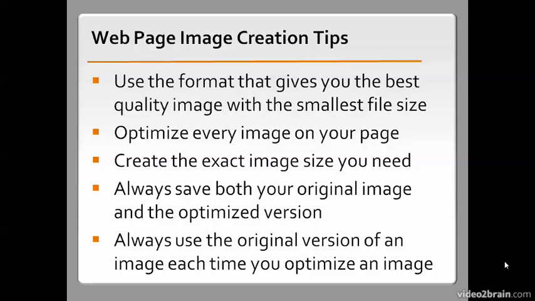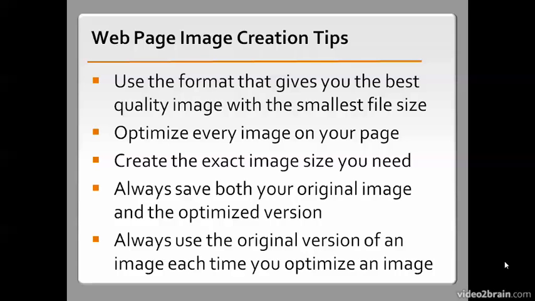So if I decide that I want to change the size of an image, or I need to reduce the file size of the image that's presently on a web page, I won't use the one within the web page. I will always go back to my original, especially if it's a JPEG. Otherwise, you will find your images do not end up looking as nice as they should.